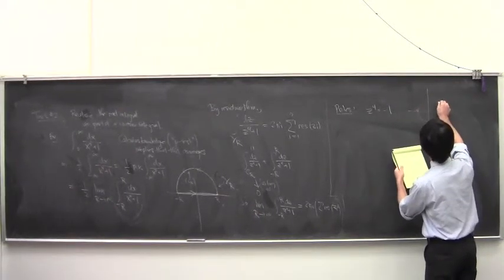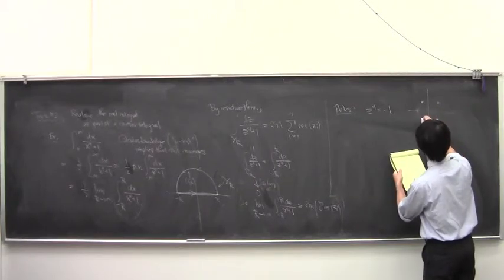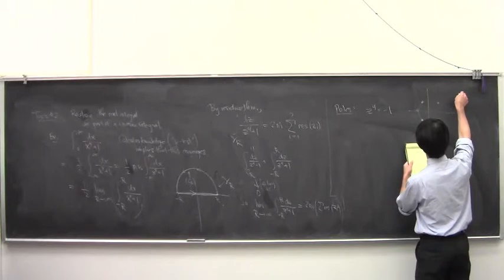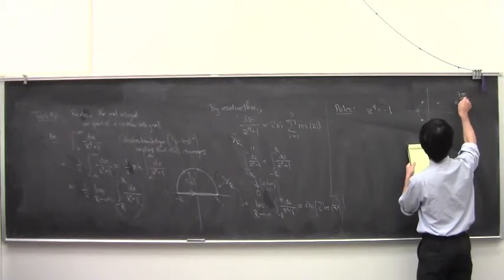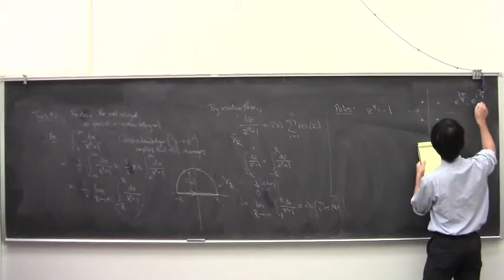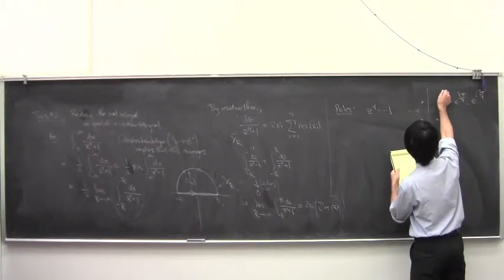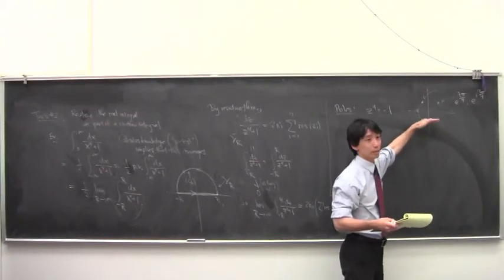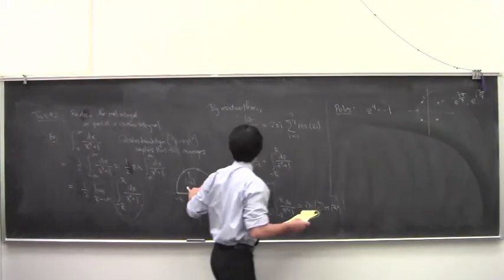That turns out to be things like e to the i pi over 4, e to the i 3 pi over 4. This one, and then there are two underneath, but we don't care about those because they're not inside of our curve.